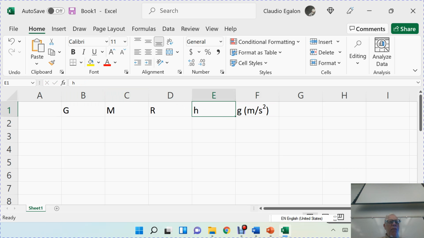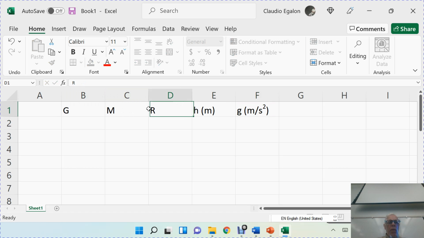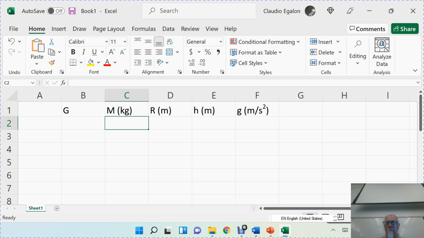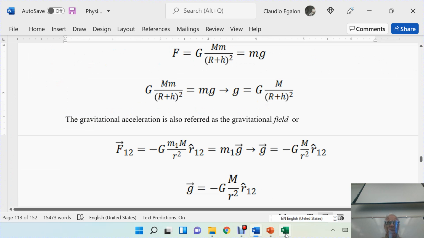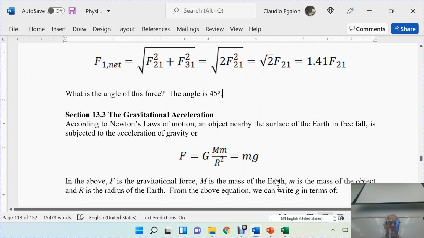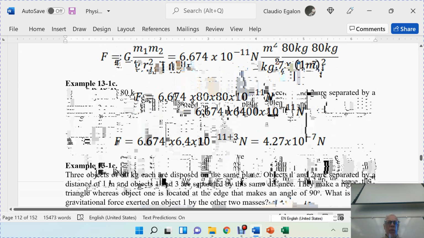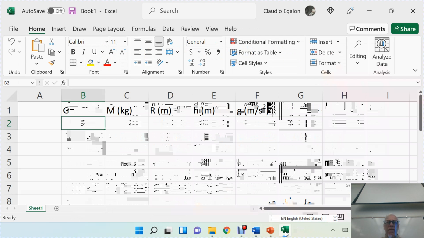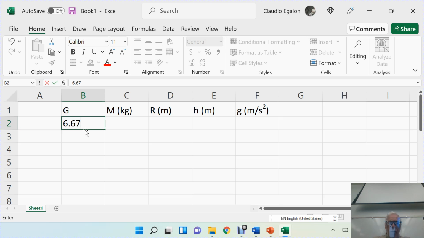Here we're going to put everything in meters, just like we do in the lab. The mass is in kilograms. I'm not going to put the unit for big G. It's too much work to put the unit for big G. So big G is what? 6.67, have you memorized that? 6.67 times 10 to minus 11.